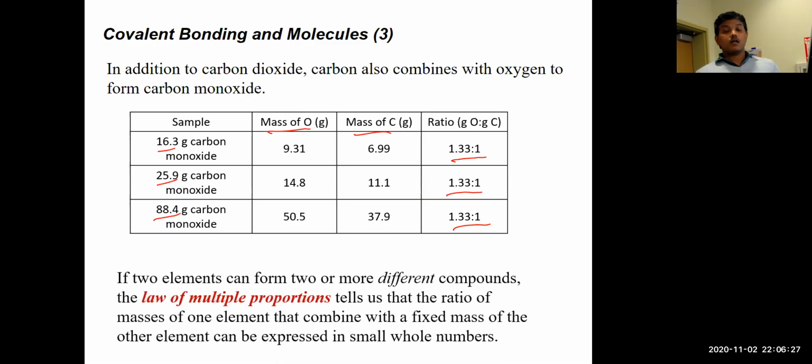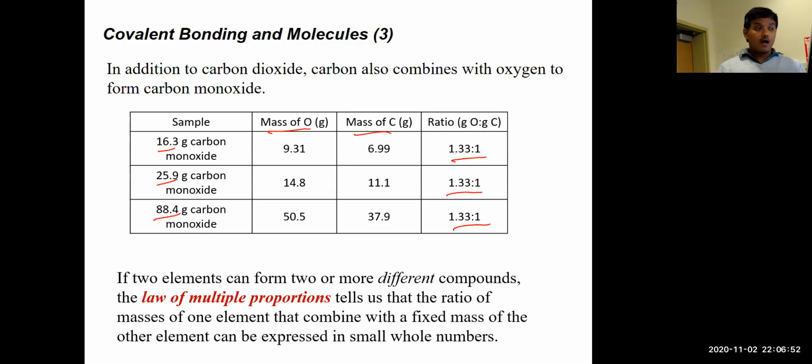Now let's talk about the law of multiple proportions. What the law of multiple proportions says is that if two elements can form two different compounds, like carbon and oxygen forming carbon monoxide and carbon dioxide, in one you have a 1:1 ratio, in another you have a 1:2 ratio.